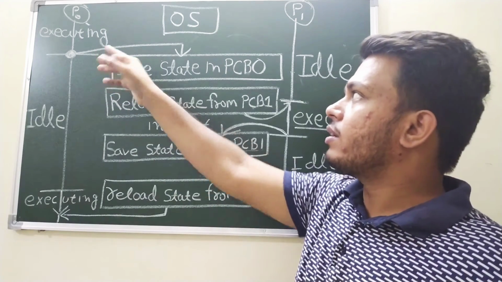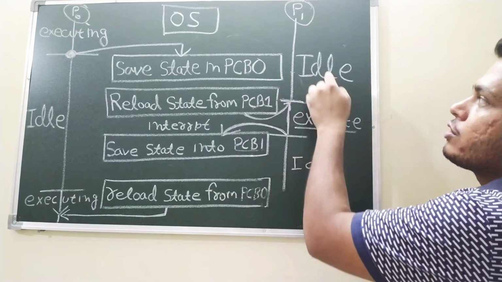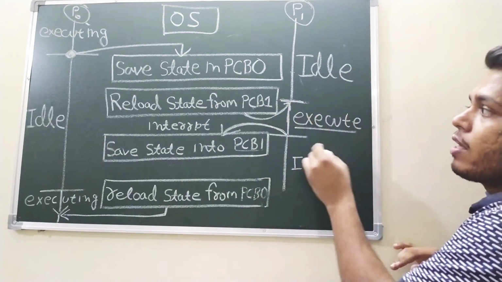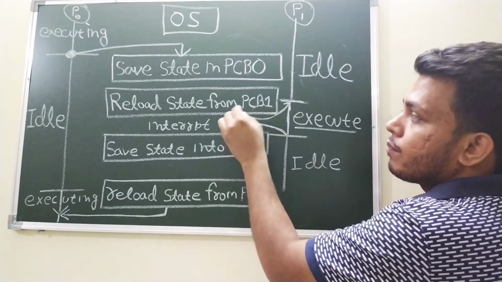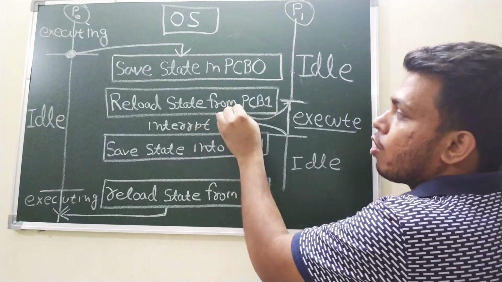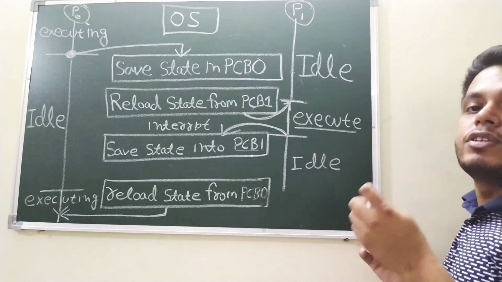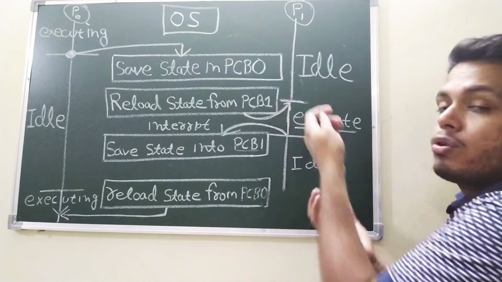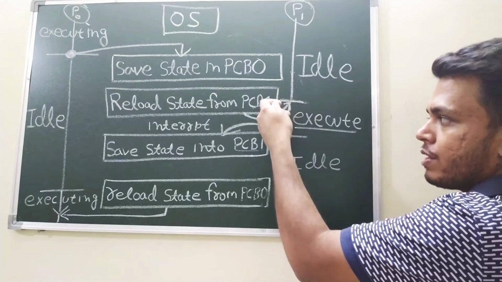So after leaving process P0, what does the CPU do? The CPU starts executing P1, right? So from PCB1, the operating system gives all the state or all the data which are needed by the CPU to execute process P1.